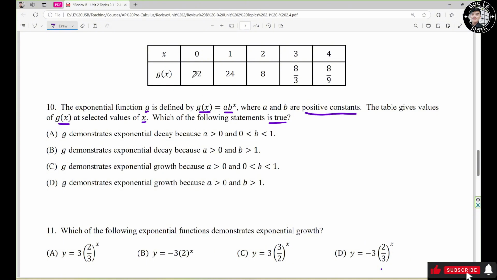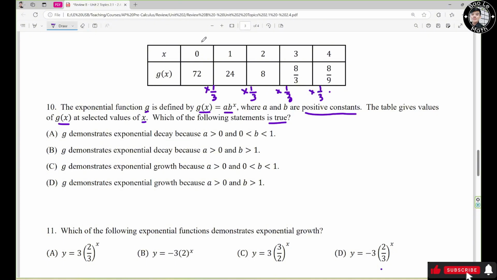Now we look at the table right here. We see that in order to get 24 from 72, I'm going to multiply by 1/3. Now to get 8 from 24, I'm going to multiply by 1/3. To get 8 over 3 from 8, I'm going to multiply by 1/3. And this one, multiply by 1/3.